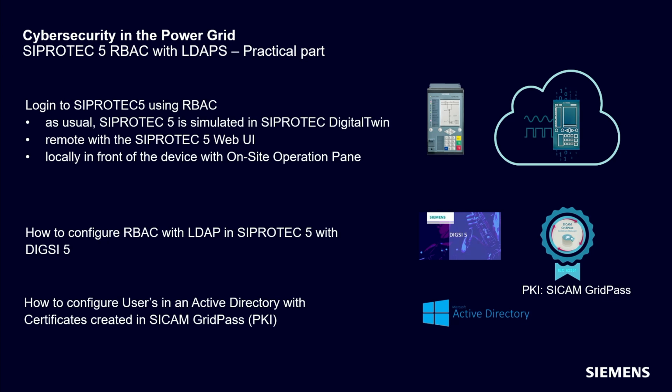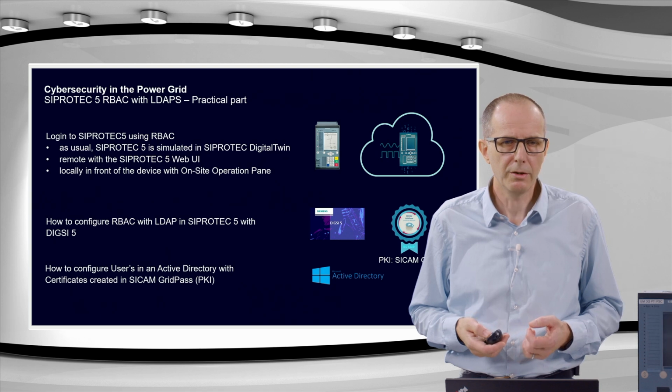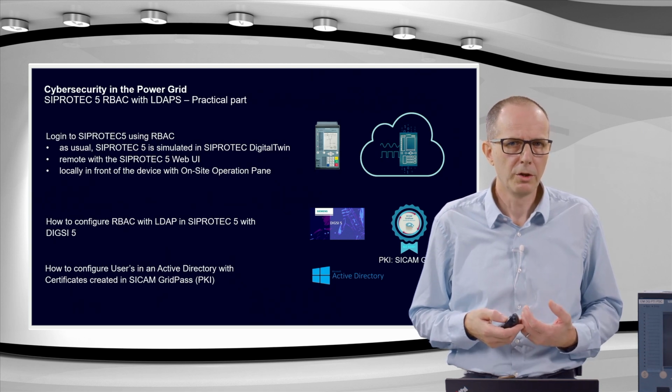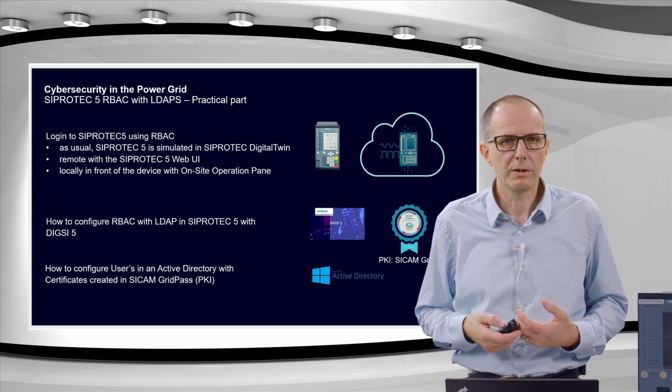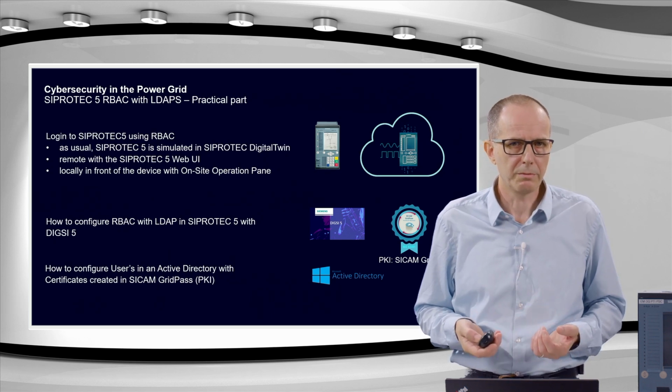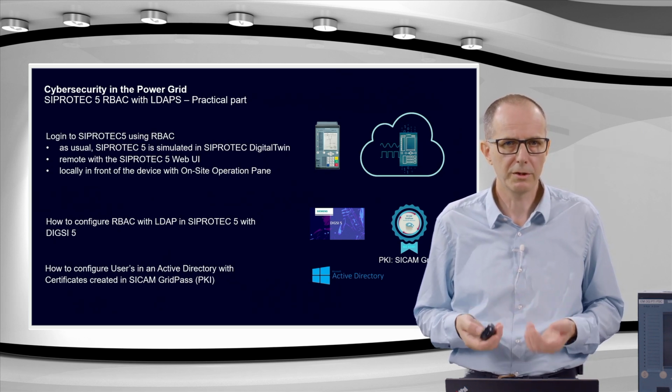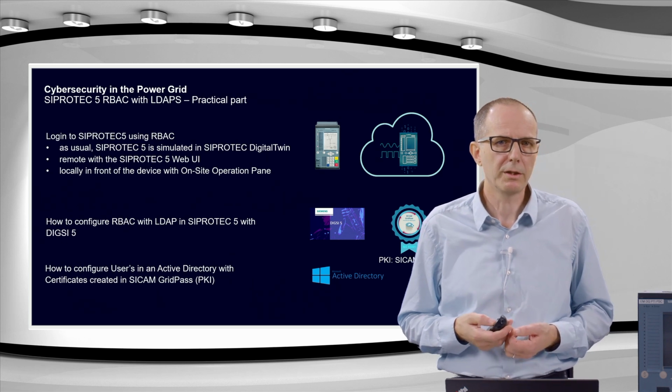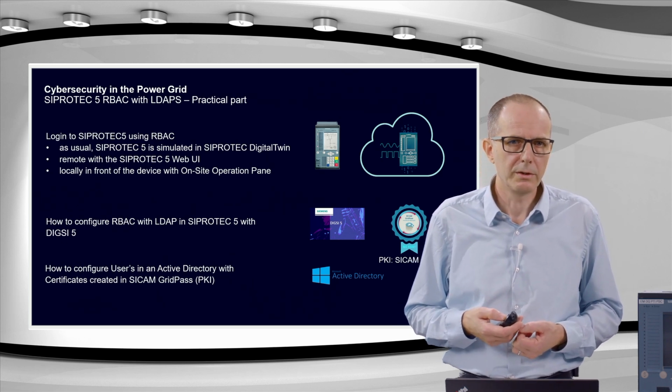In the second step, I will configure LDAP in SIPROTEC 5 with DIGSI 5. And finally, we will take a look in the IT environment to set up a new user in the Active Directory and create the user certificate with Cyclone Grid Pass, the most convenient tool to create certificates according to IEC 62351-8.